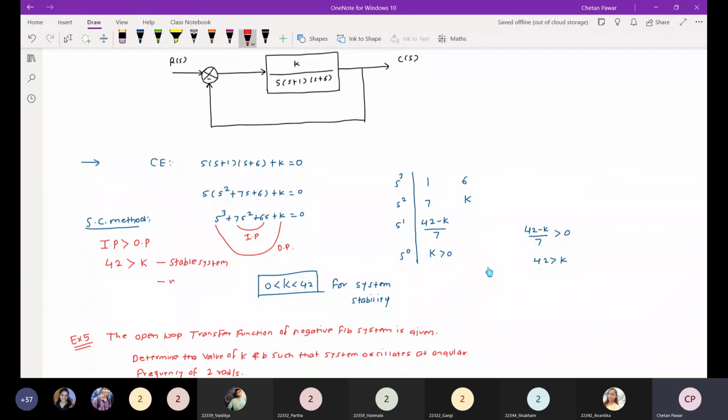For a marginally stable system, K should be 42. And if you increase the value of K greater than 42, the system will become unstable.